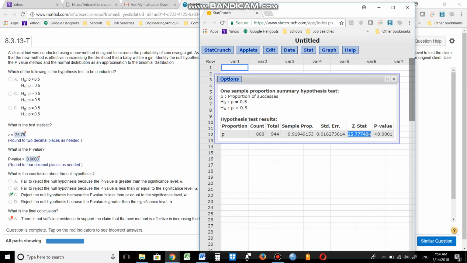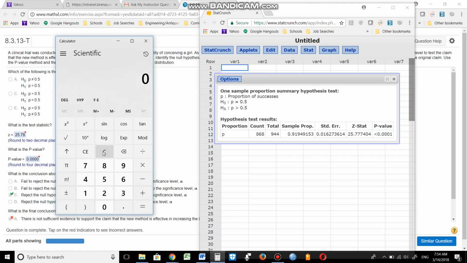So you can see the z-stat is huge, and therefore the corresponding p-value is going to be extremely small. Okay, and these numbers kind of jive with what you have, right? If there's a 50-50 chance you're going to get a boy and a girl, and you have 944, then assuming 50%, we would expect to see around 472 girls and 472 boys, given 50-50.